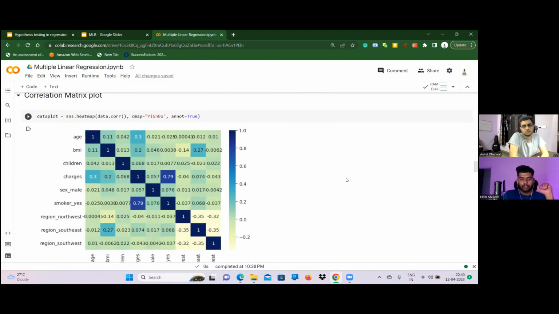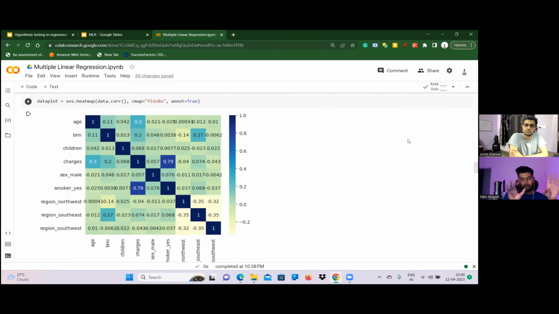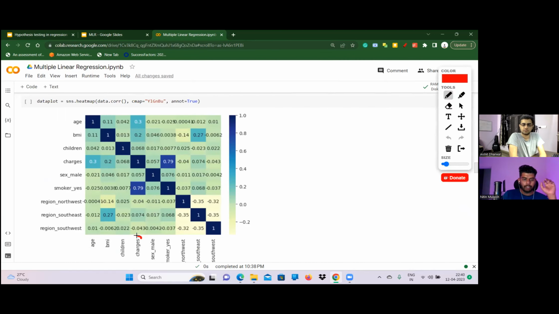This is one of the plots that we use, and you can get some idea of multicollinearity from this plot, but not much. We want to predict the charges. You can see that the charges have very high correlation with smoker. If a person is a smoker, I think the charges will be higher, because this has a very positive correlation of almost 0.8, actually 0.79, which represents very high correlation.